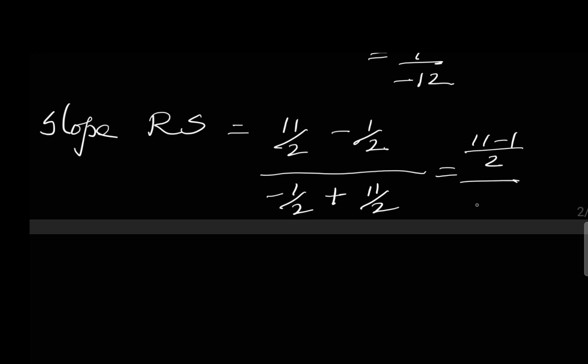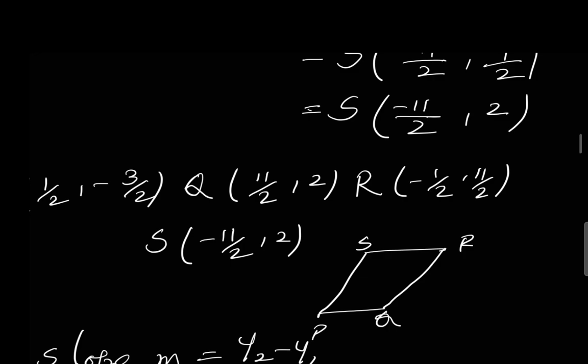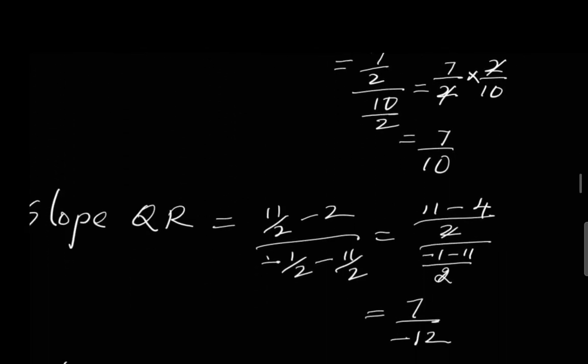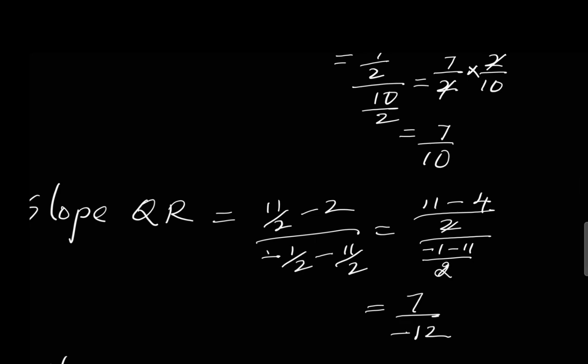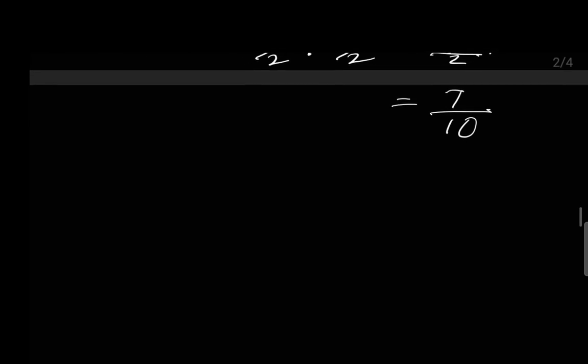Just look at this, one small mistake here: actually R is 11 by 2 and S has y coordinate 2. So 11 by 2 minus 2, 2 twos are 4, so you get 11 minus 4 is 7, and minus 1 plus 11 is 10. So the answer is 7 by 10.